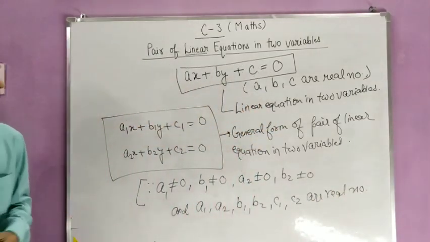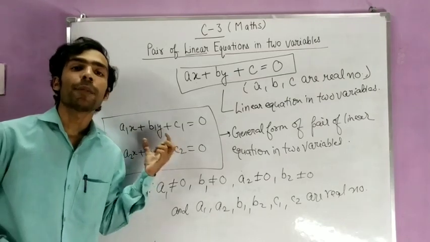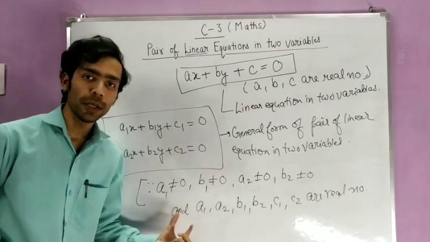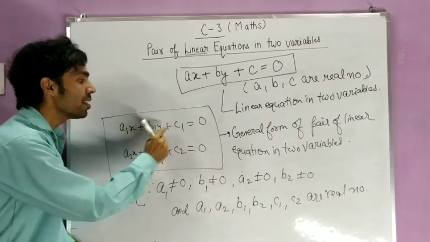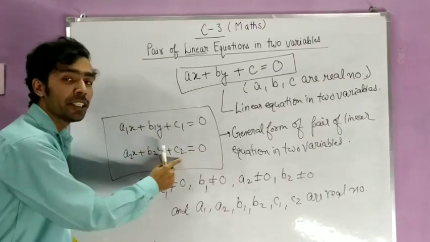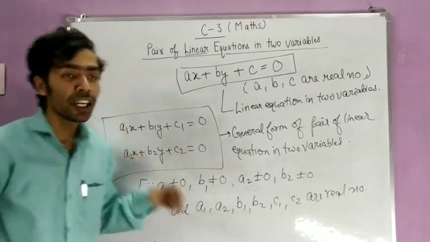Okay, this is the general form of a pair of linear equations in two variables where x and y are variables and a1, b1, c1, a2, b2, c2 are real numbers.